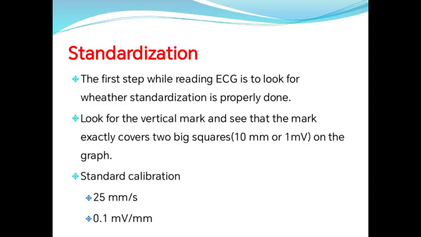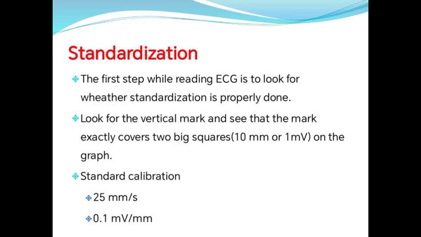So the first step of reading the ECG is to look for whether standardization is properly done or not. What is standardization? Look for the vertical mark and see that the mark exactly covers two big squares. That means 10 millimeters or 1 millivolt. I told you before that one big square is equal to 0.5 millivolt.